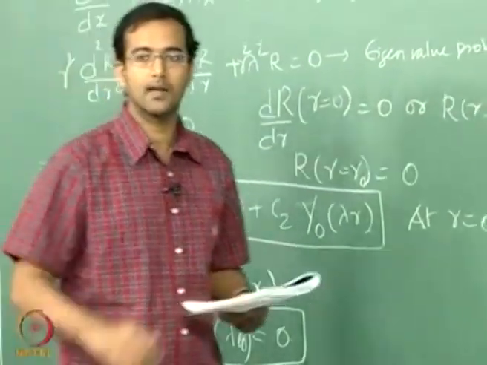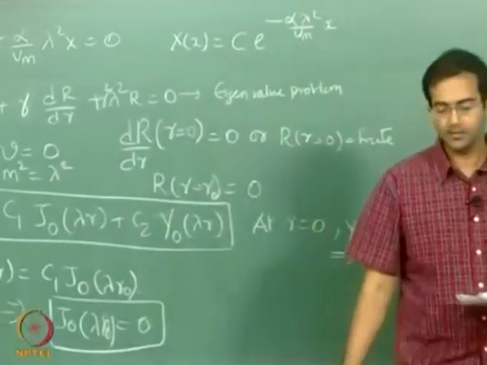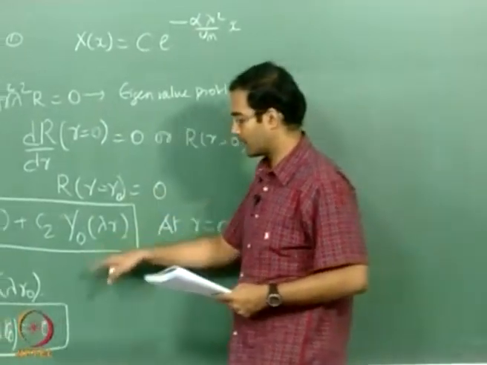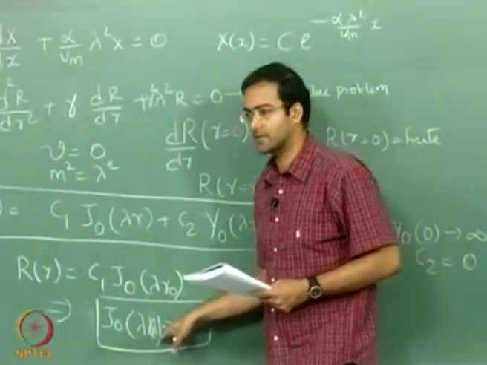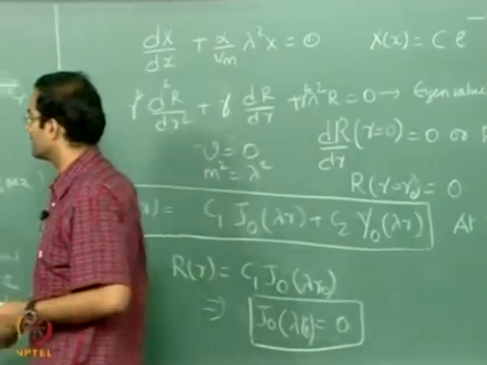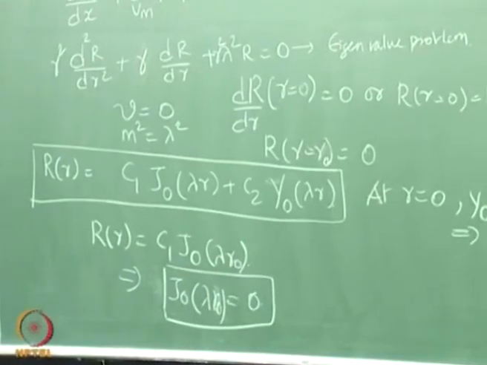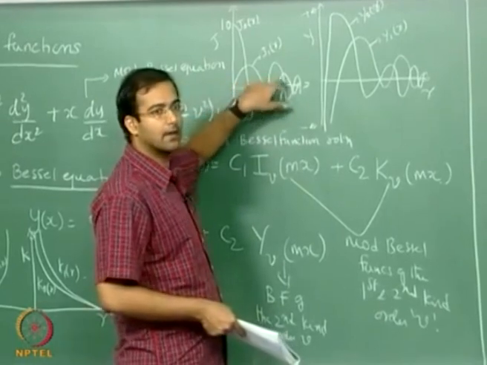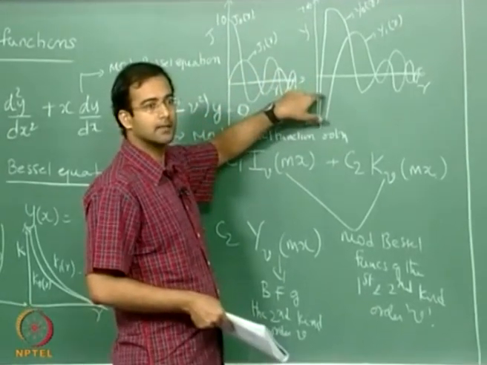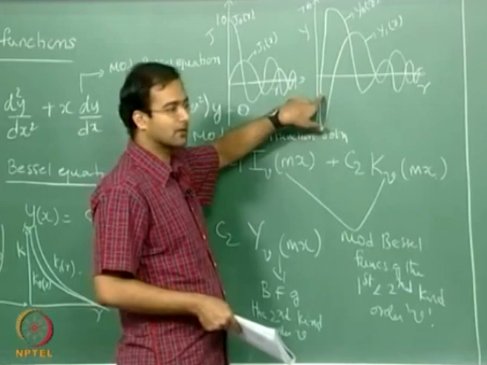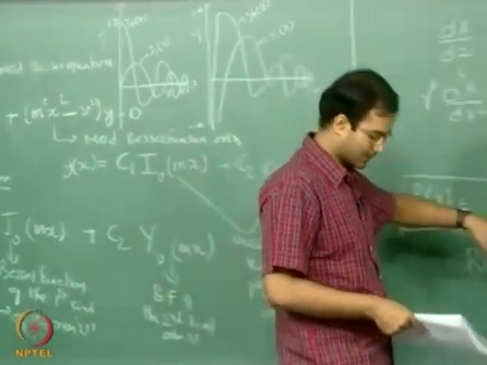So this is at r equal to r naught, these are all dimensional radii, so therefore it should satisfy this particular equation. So the corresponding value of lambda r naught will be the ones where J becomes 0, so you can see there are several places where J becomes 0, so this has now multiple solutions.